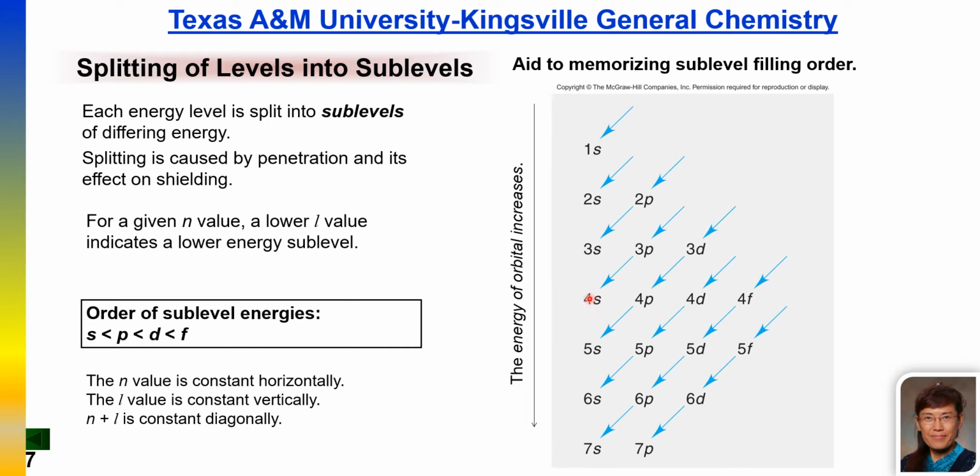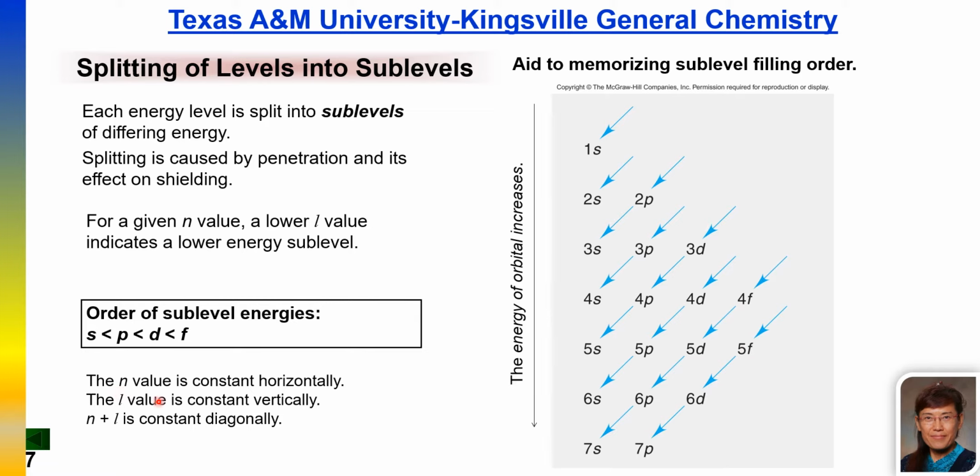What you also find from this chart is that the n value is constant horizontally, such as 2s 2p, 3s 3p 3d, 4s 4p 4d, 5s 5p 5d. The n keeps constant horizontally.